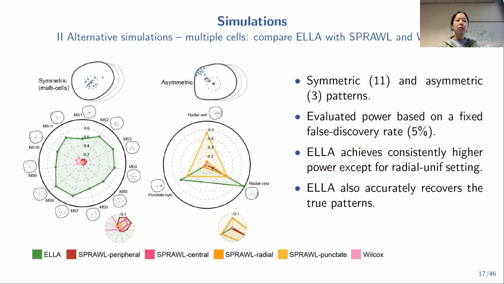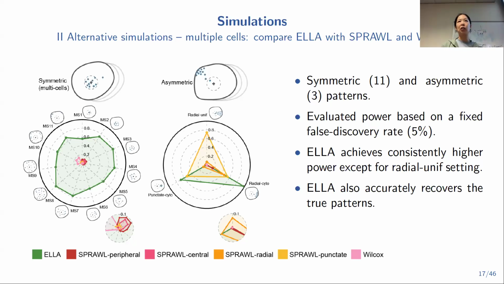Also, although our method is 1D only, so it's not expected to detect 2D patterns, it can actually detect some, except for one pattern. If this two-dimensional pattern is completely uniform on an angular sector, it has a pattern in 2D, but no pattern in 1D.